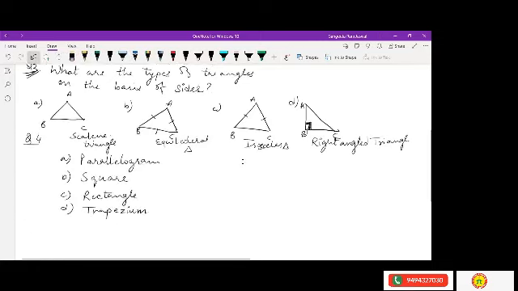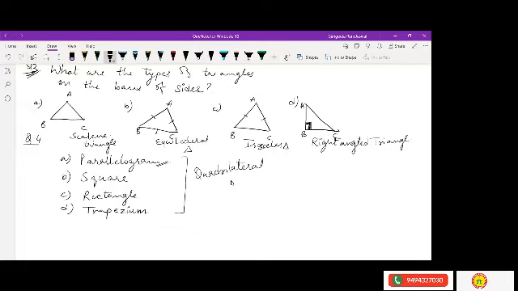Now coming to this 4th part. Please listen carefully. I have to explain this first. This was not there in our chapter, but yesterday I had explained to you about quadrilaterals. Yes, ma'am. Although this was not in your NCERT chapter, let's talk about parallelogram.